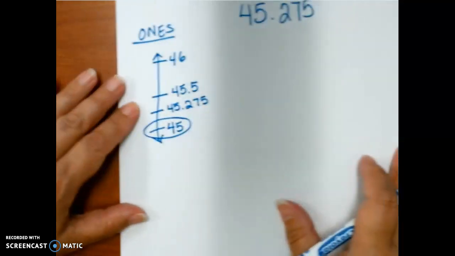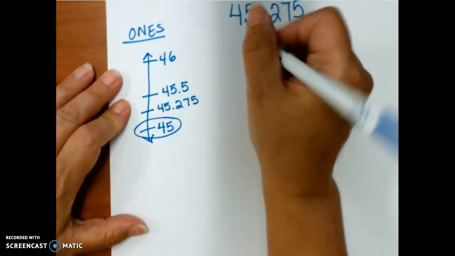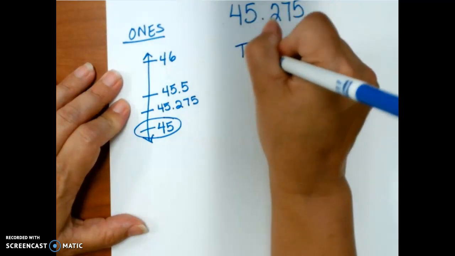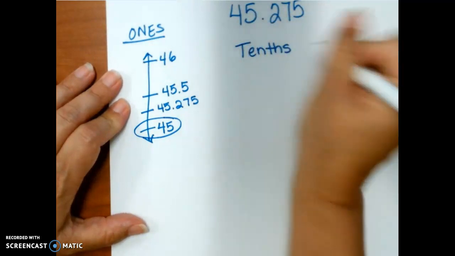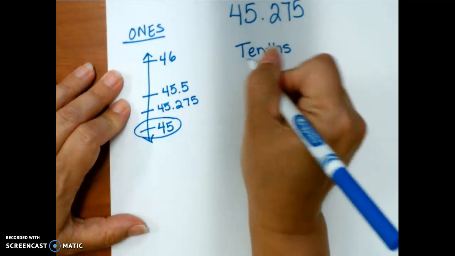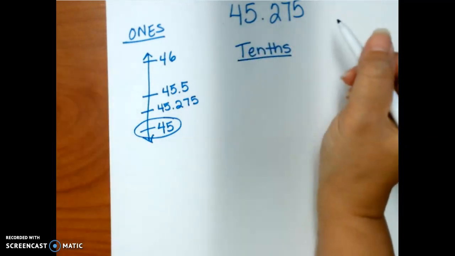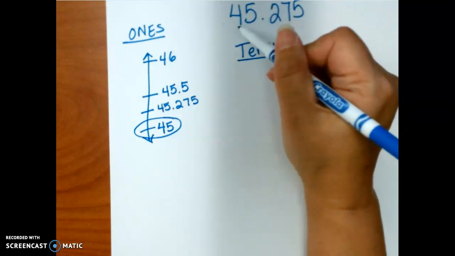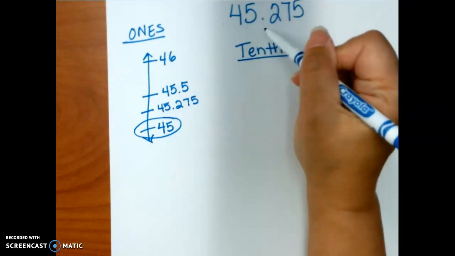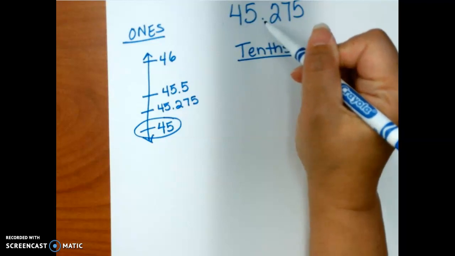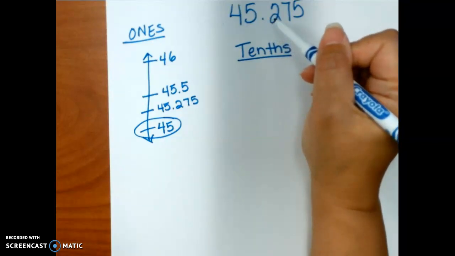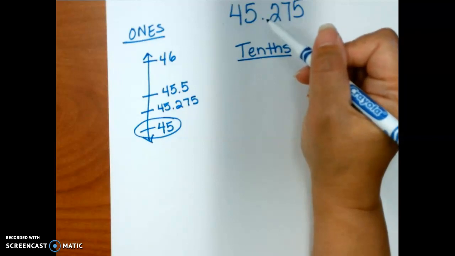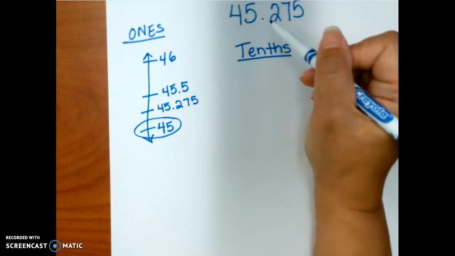Okay, hang with me. This is where I think a lot of you get confused. To the tenths place, remember, if we were rounding whole numbers, we look at the place value we're rounding to, and we go to the right of that to determine whether I round up or down. It's the same thing with decimal numbers. The difference is that we're putting it on a vertical number line, and some of you have never seen it before, so that's why we're getting a little confused. Okay, here we go.